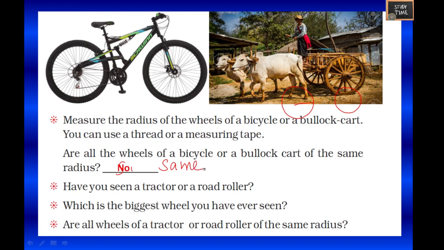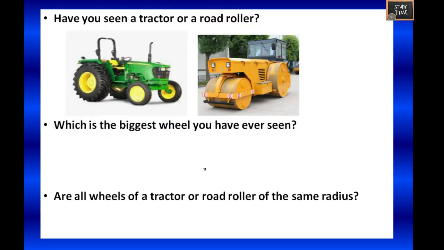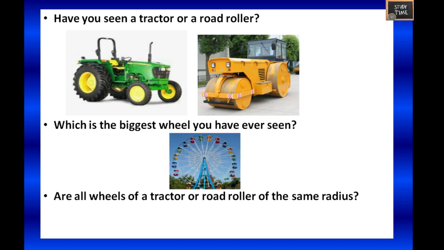Next, have you seen a tractor or a road roller? This is a tractor, this is a road roller. Which is the biggest wheel you have ever seen? You would have seen the biggest wheel in a theme park, like this giant wheel. Are all wheels of a tractor and road roller of the same radius?